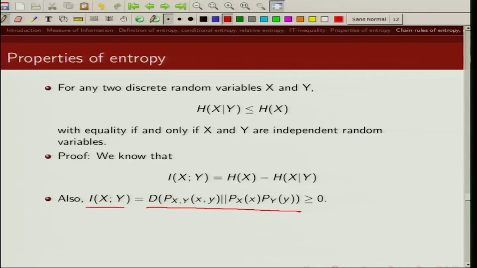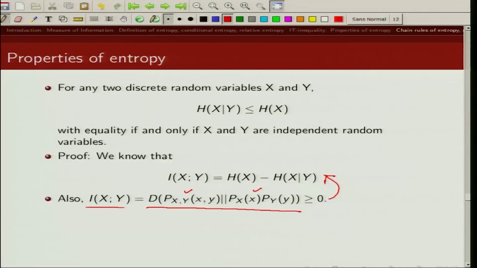So using those results, because mutual information is divergence between these two distributions, mutual information is also greater than or equal to 0. Now we plug that in here, and we have proved that h of x is greater than or equal to h of x given y.